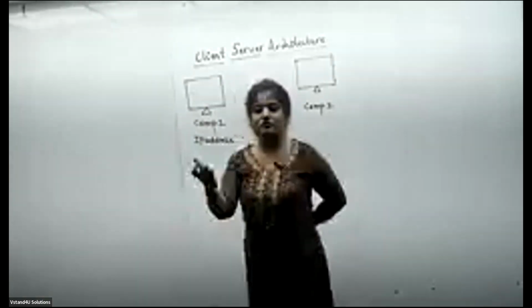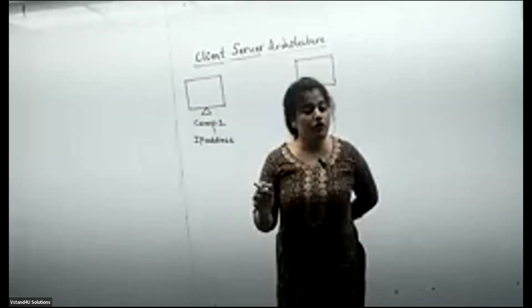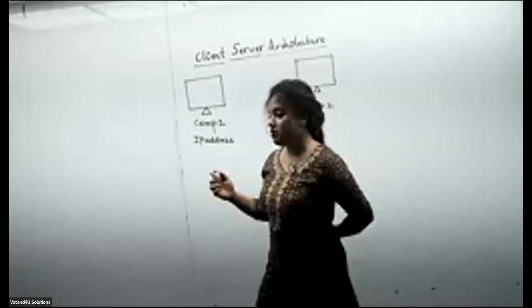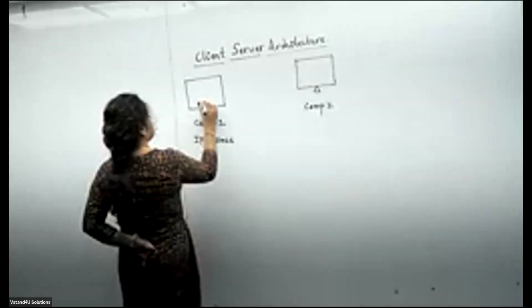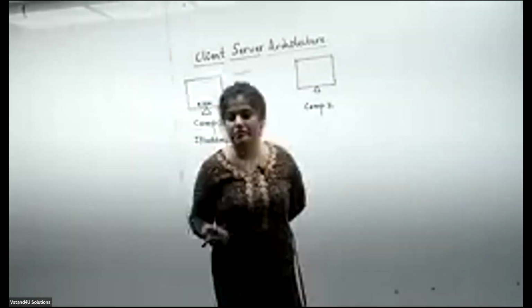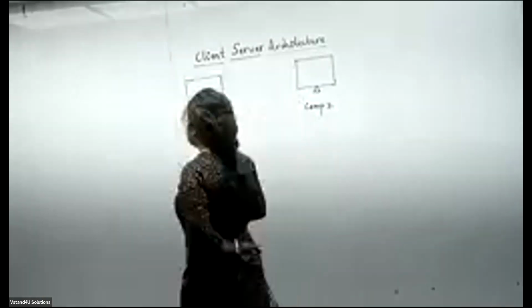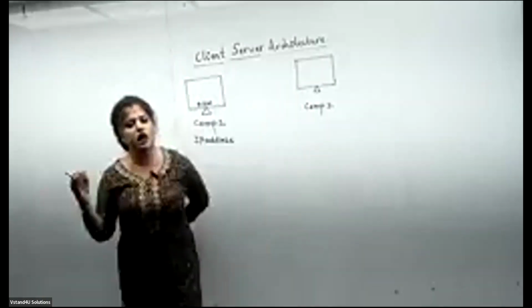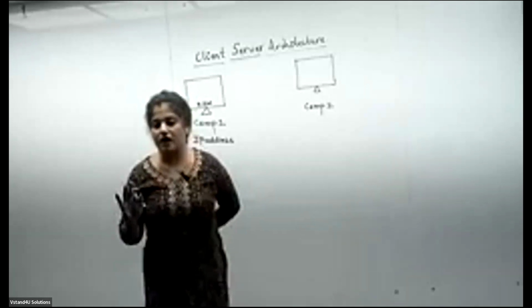Power. Okay. If you have to perform any operation, you are supposed to have RAM. What is RAM? So if you have to perform any operation in your computer, you are supposed to have RAM.